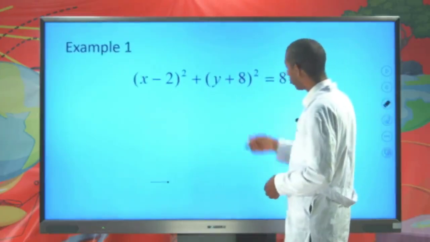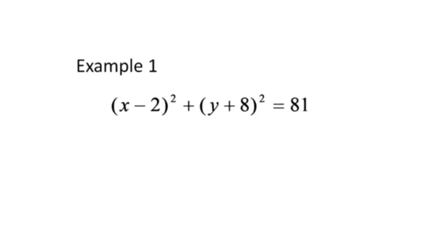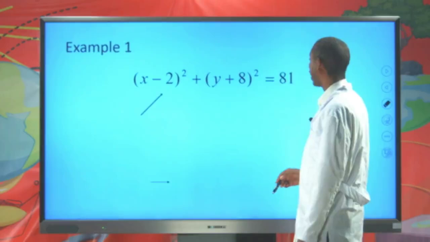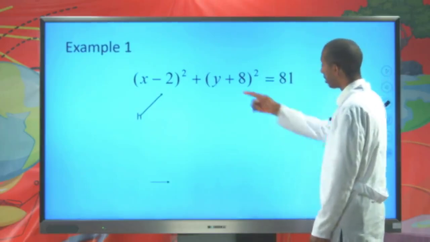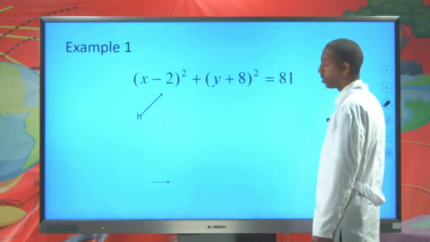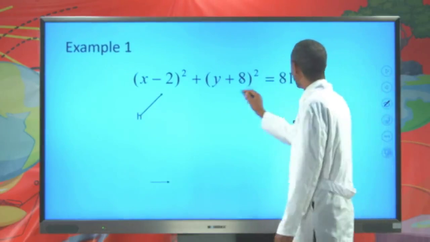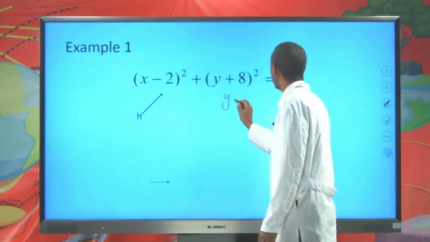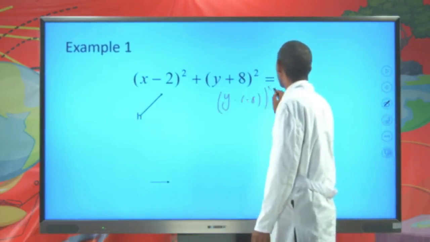Okay, if I just give you this as an example, this is the standard form of the equation of a given circle. We are required to find the center and also the radius. So this, you may represent as h, which is the x coordinate of the center. We may rewrite this as (y minus 8) squared.